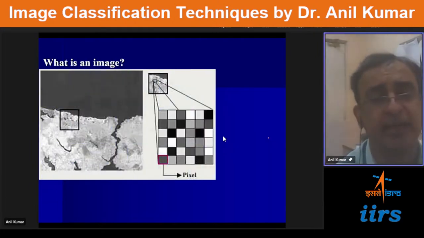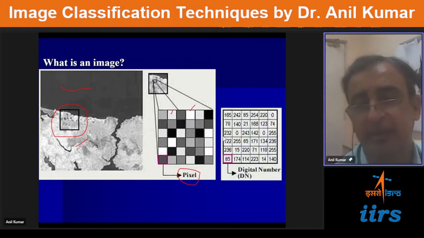If you talk about a remote sensing image, this is a remote sensing image, sea area and the land area. If we see this small area, here you can see the image in the form of a grid, like some gray, white or black or dark gray color grids. These are called pixels. And if you zoom further, you will see numbers.